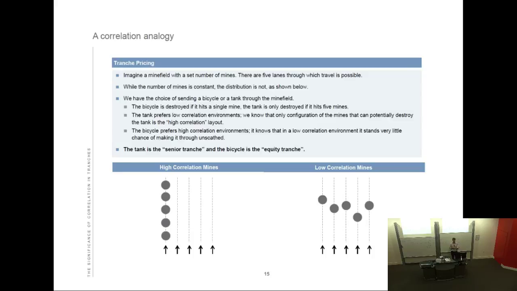So the tank much prefers the low correlated situation, whereas for the bicycle, the highly correlated one gives it much greater chances to get through, because in the lowly correlated one it has no chance, and in the highly correlated one there's a chance, 4 out of 5, that it chooses the right lane and manages to find its way through. Okay, so that's an analog to how correlation impacts the different tranches in different ways.